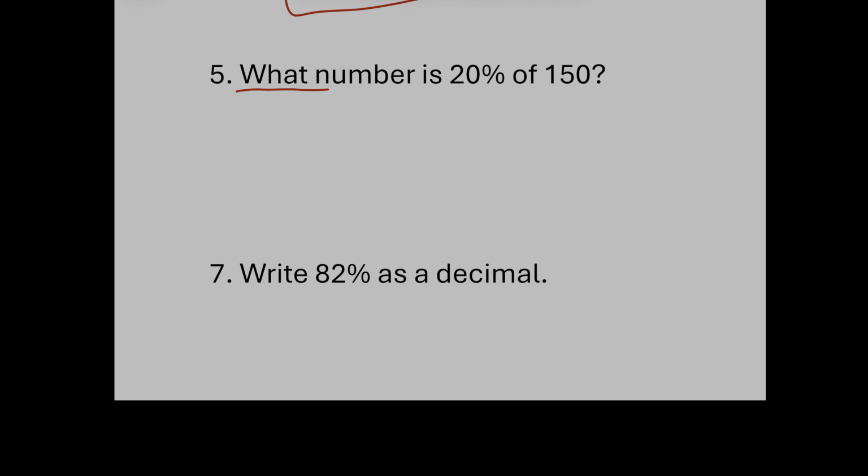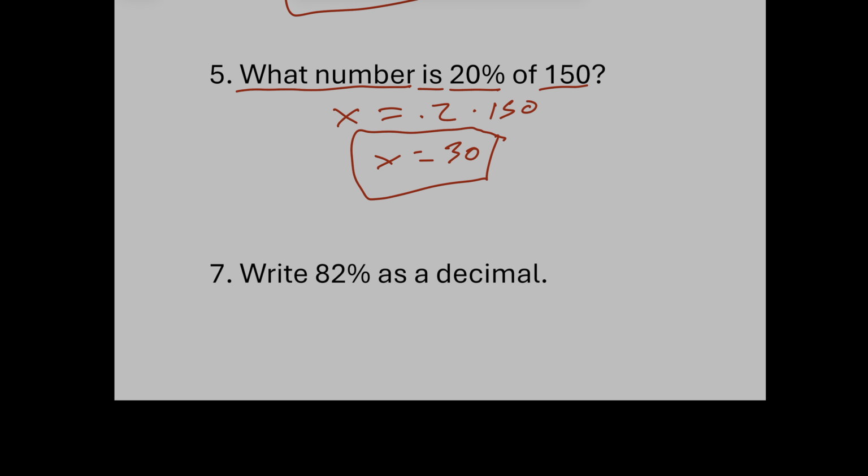Now watch this one. What number x is equals 20%, 0.2, of times 150, 150? Well, what's 150 times 0.2? And the answer is 30. Boom, boom, boom, boom, boom. You can also think about it this way.